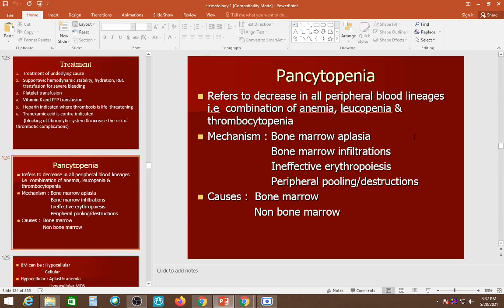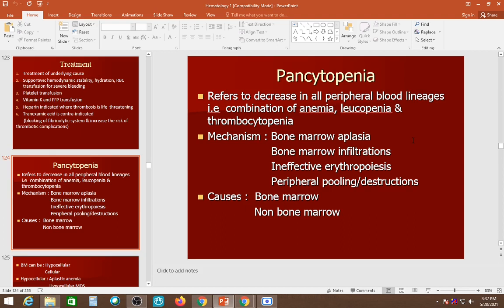So what is the mechanism of this pancytopenia? Basically it can be because of bone marrow aplasia, meaning the bone marrow doesn't produce by itself, okay? Or it can be because of bone marrow infiltration by some malignancy like leukemias, right?